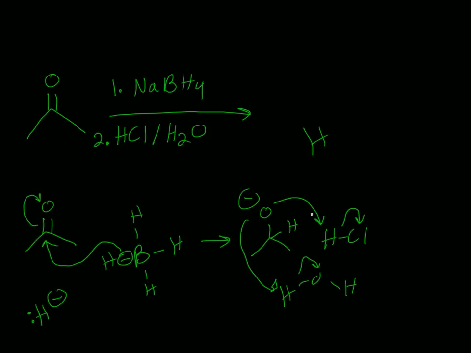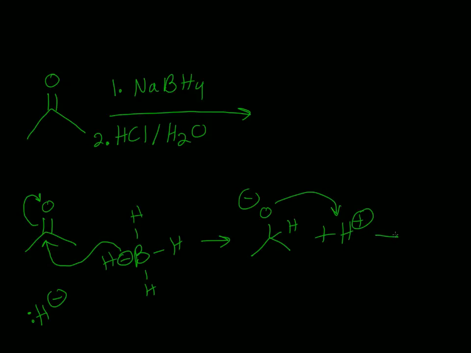But the main part of this HCl H2O is to create the alcohol. So I'm just going to write plus H plus to make our alcohol. So we would get a secondary alcohol from this reaction. That would be your answer.